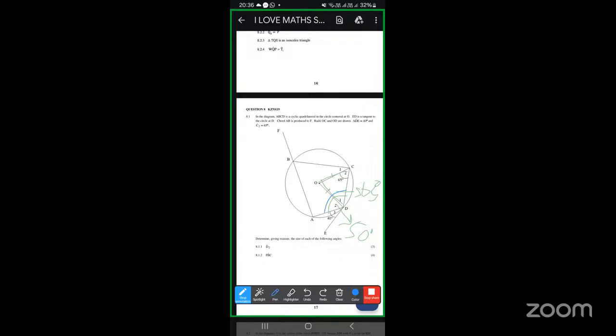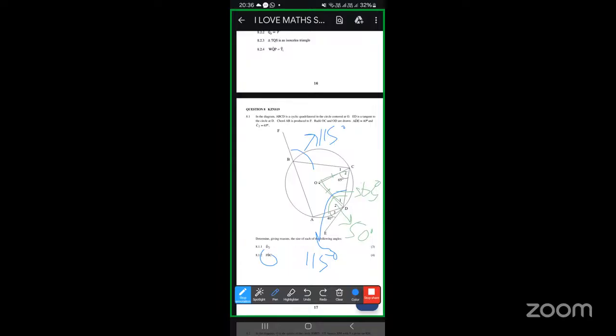Oh, it gives me 115. Therefore, now we found this angle here is equal to 115 degrees, reason being, the exterior angle of a cyclic quad is equal to the interior opposite angle.